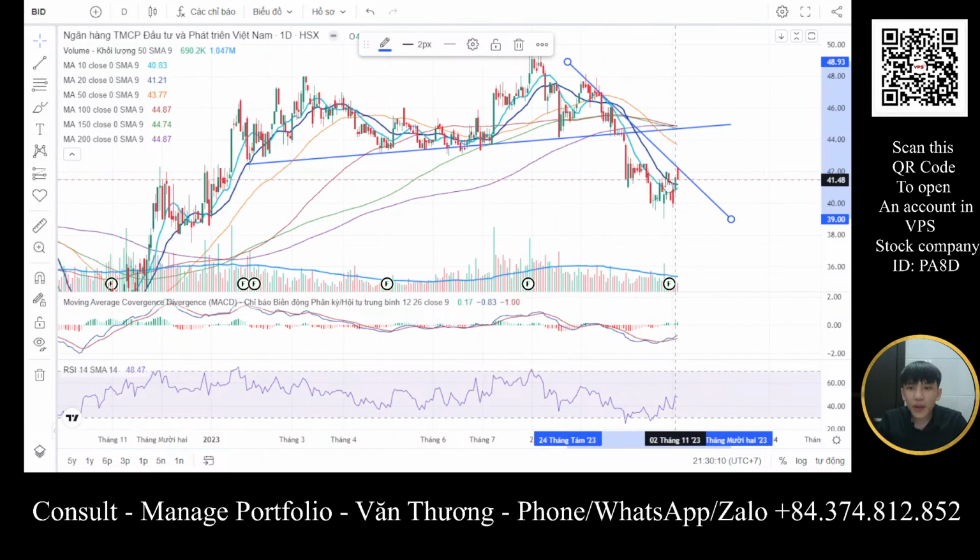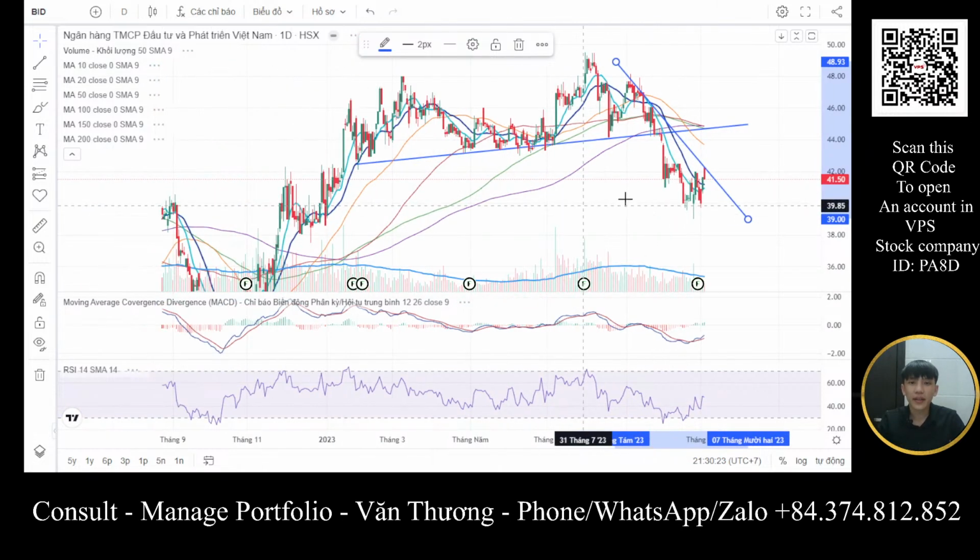Right now the stock is under the moving average, and the short-term moving average is under the long-term moving average, and that means this stock is in a downtrend, right?